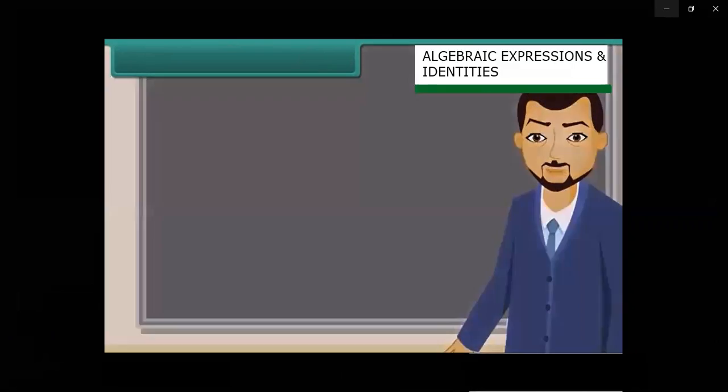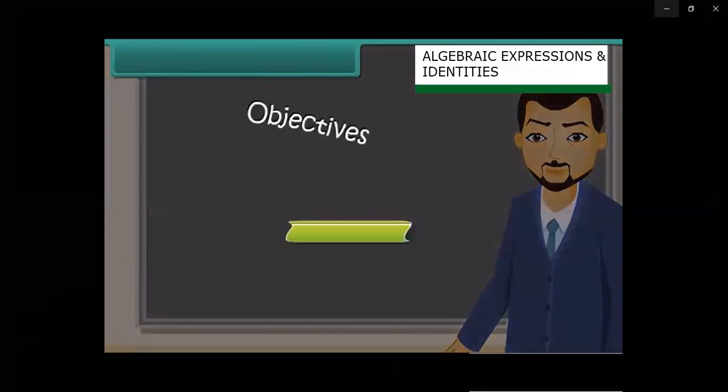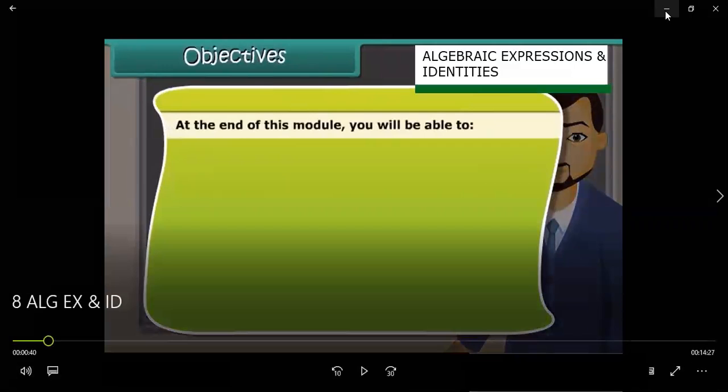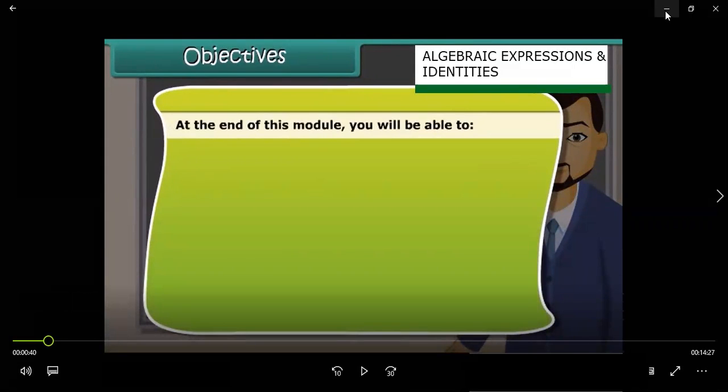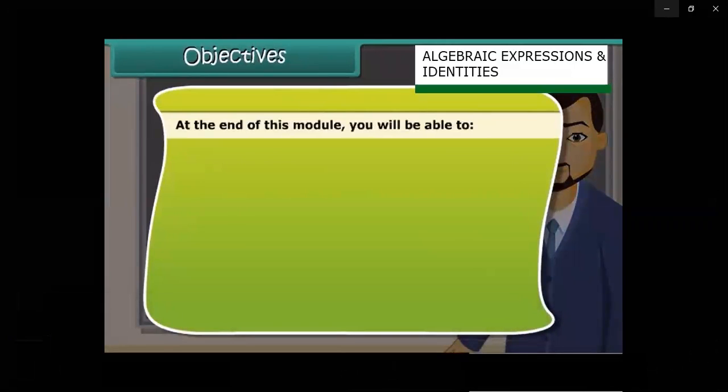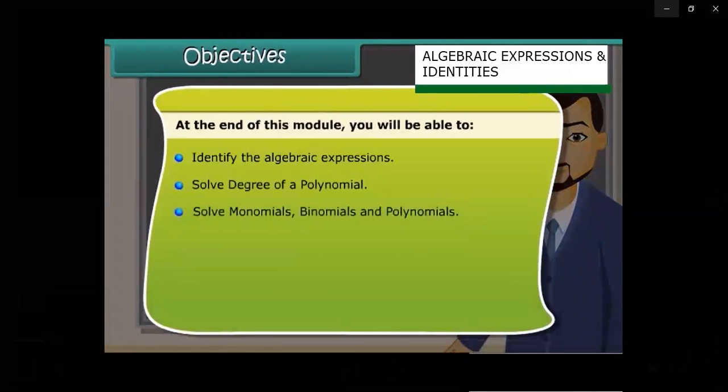So let's see what we have to learn in this chapter, algebraic expressions and identities. At the end of this video class, you will be able to understand the following concepts. The very first one, identify the algebraic expression. Second, solve degree of a polynomial. Third, solve monomials, binomials, and polynomials.